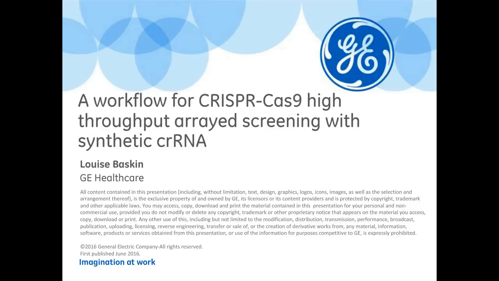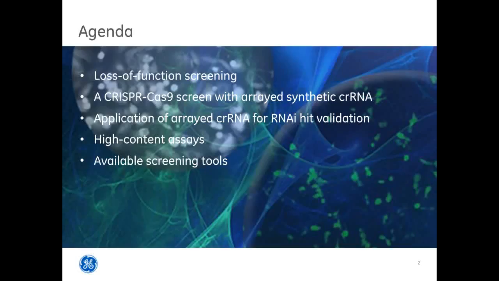Great. Thank you, Maren. Good morning and good afternoon, everyone. Thank you for joining us. I'm going to be speaking today about high-throughput arrayed screening with synthetic CRISPR RNA libraries. So just as a quick review of the topics I'm going to cover, I will start with a brief overview of loss-of-function screening, and then talk through the recommendations and methods for carrying out a successful CRISPR Cas9 screen using arrayed synthetic CRISPR RNA.